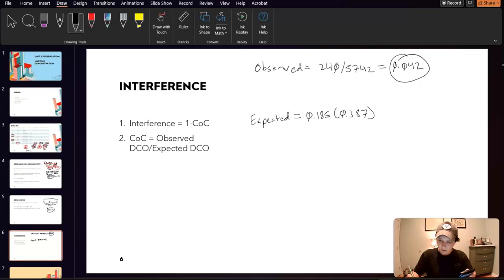Okay, so we get 0.0732. So now we're ready to calculate our COC. So let's see. COC.